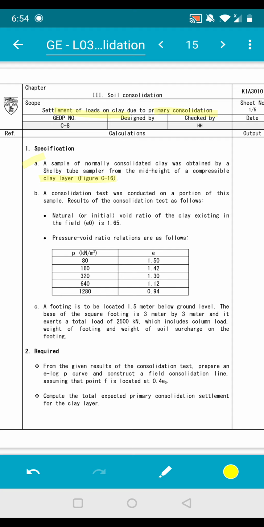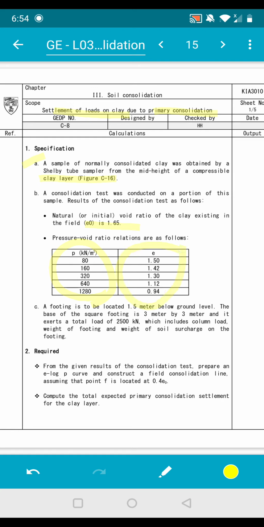From the mid-height of a compressible clay layer. The second item, a consolidation test was conducted. And it was found out that the natural void ratio of the clay existing in the field is 1.65. And of course you have your pressure relation with the void ratio as follows.